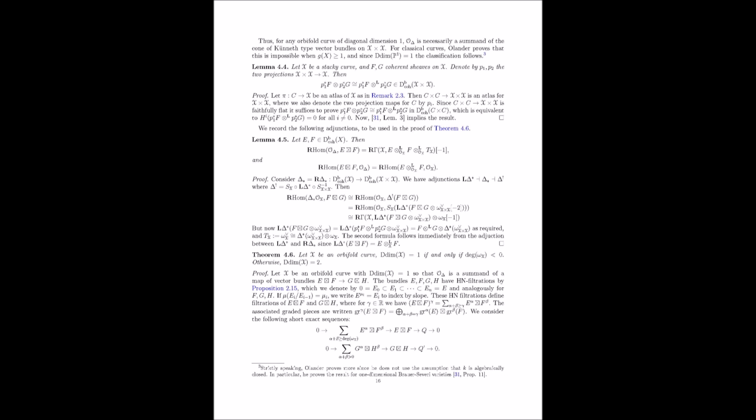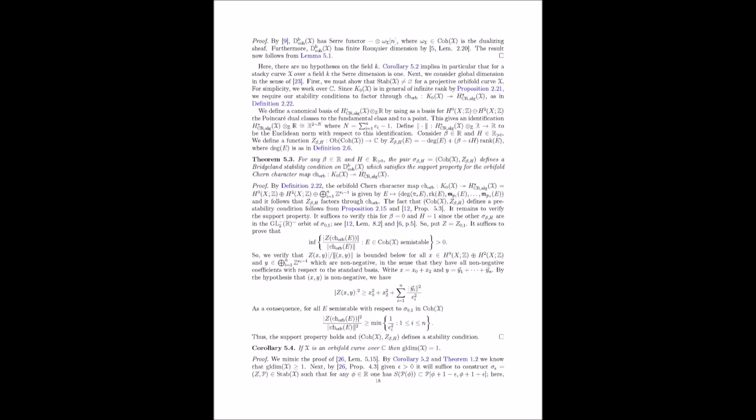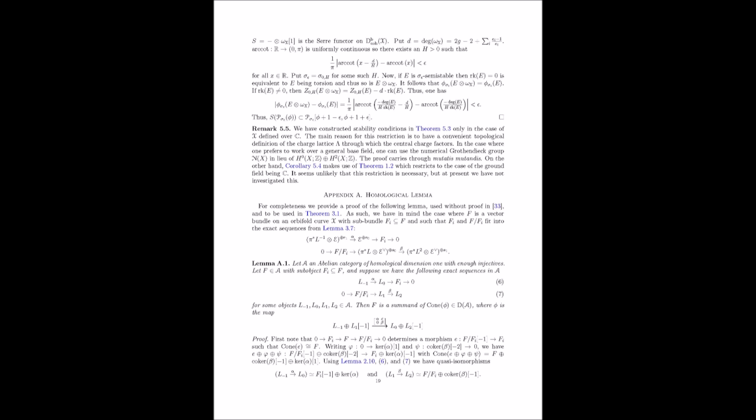And this connection to quivers leads to an even deeper way to characterize orbifold curves with diagonal dimension 1, this time in terms of tilting bundles. Tell me about this tilting bundle connection. Sure. On page 24, they highlight corollary 4.8, which says that an orbifold curve has diagonal dimension 1 if and only if it has a tilting bundle whose endomorphism algebra is hereditary.